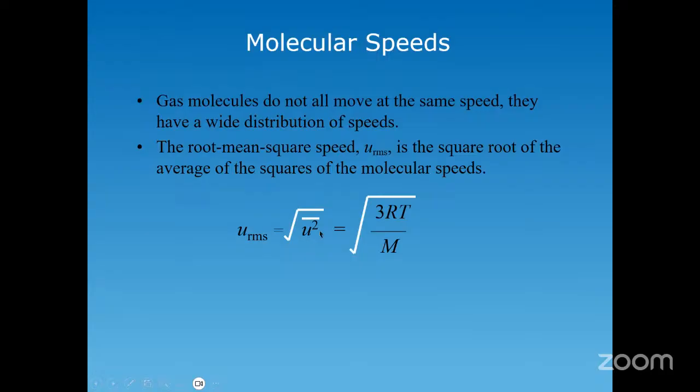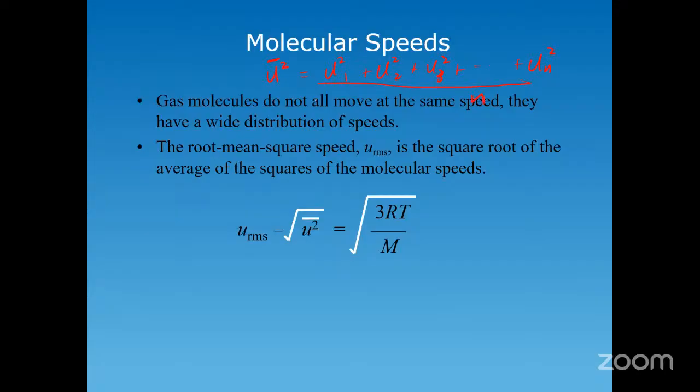So if you remember, I said, and I remind you here, that U squared average will be equal to the square of the speed of gas molecule 1 plus the square of the speed of gas molecule 2 plus the square of the speed of gas molecule 3, and so on to the nth molecule, and by the way, divided by n, can't forget that.